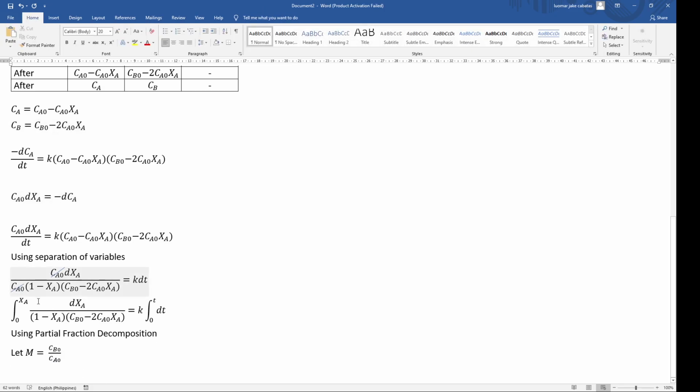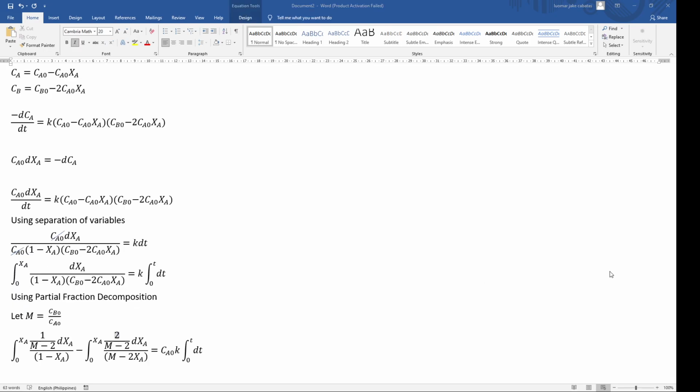This integral will now become, so the whole integral will become this one.